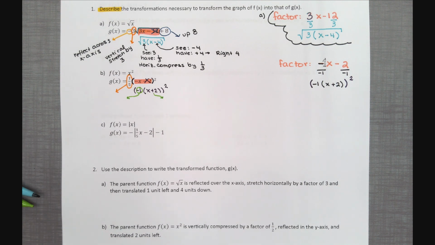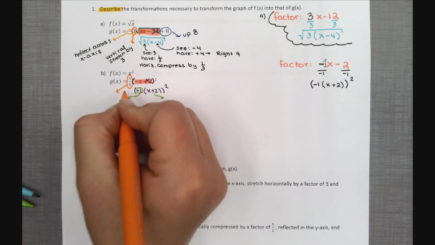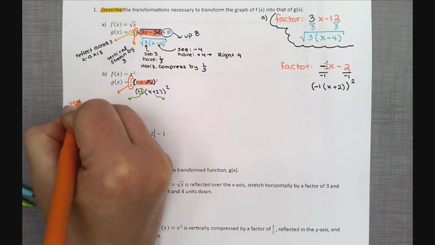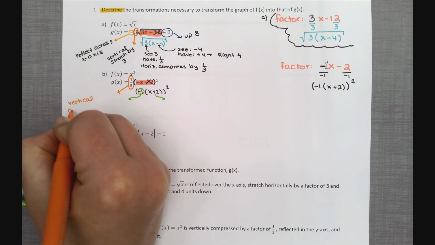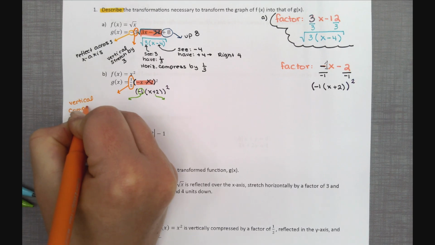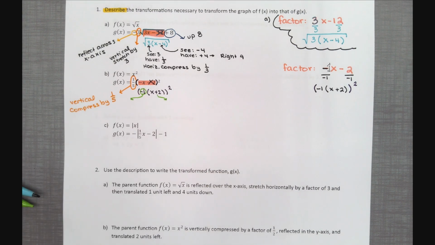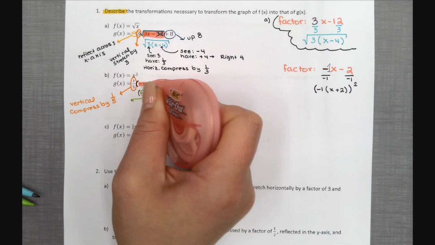So let's go ahead and start off. I see a 1/5 multiplier on the outside of my function. That means I have a vertical shrink or compression by 1/5. You remember, you have to tell me the multiplier. This negative, if you are uncomfortable with it being -1, like 1 is an actual number, you can just leave off that 1 and just write negative.